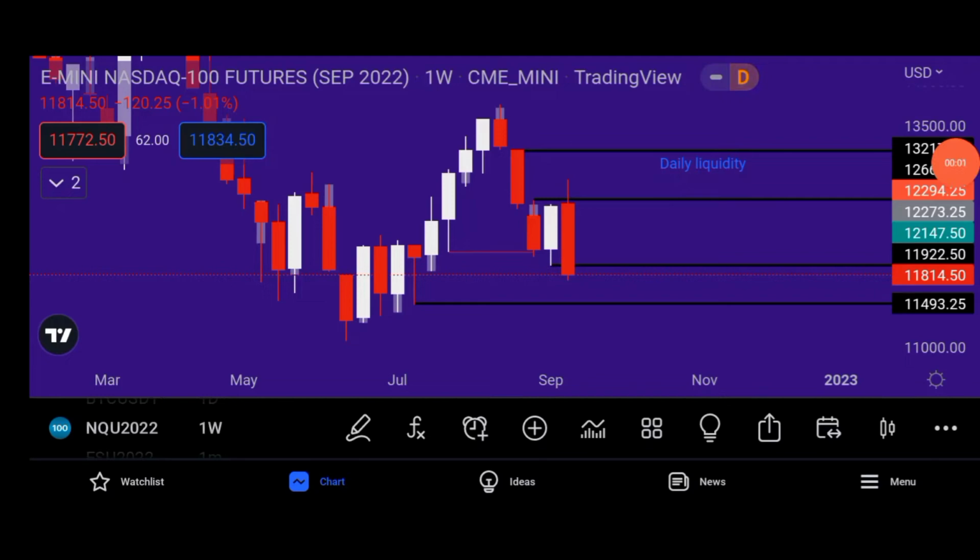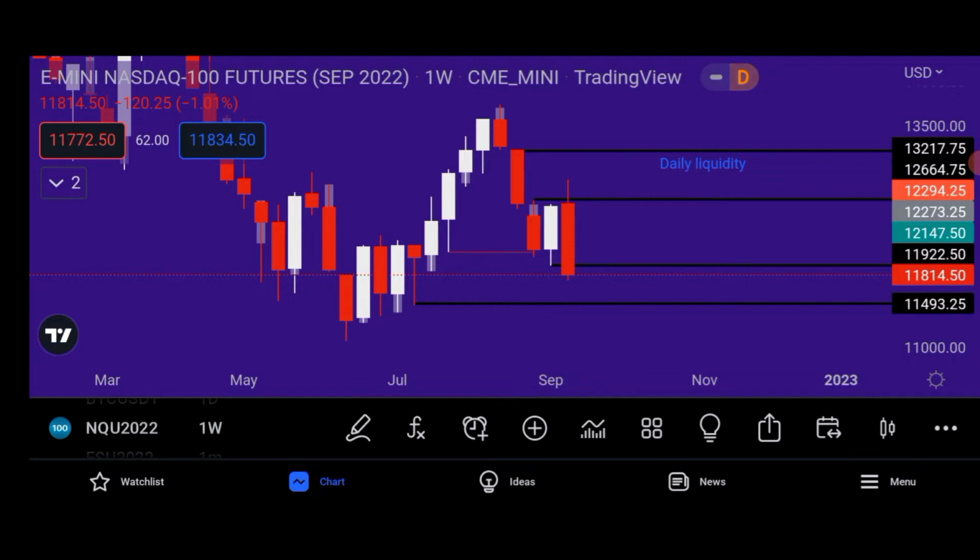Alright guys, so welcome. This is the chart of Nasdaq futures E-mini. This is the weekly chart, and from what ICT said, we're meant to look out for seasonal tendency and news. That will come into play in the future, but for now, what I actually looked out for is highs and lows.